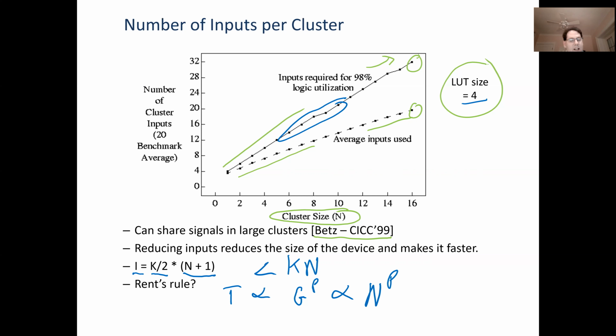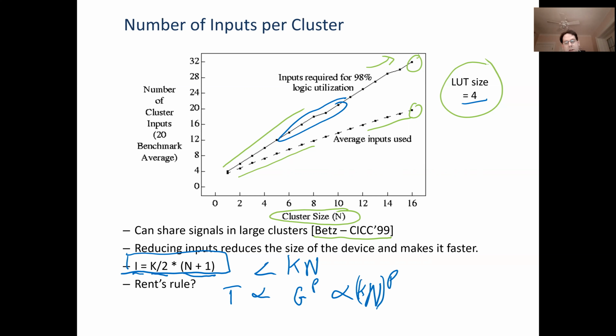So does this line up with Rent's rule? They've empirically measured this. They ran their CAD flow and found I can get by with this many inputs per logic block. And basically I can say that the amount of logic is proportional to K N to the P.